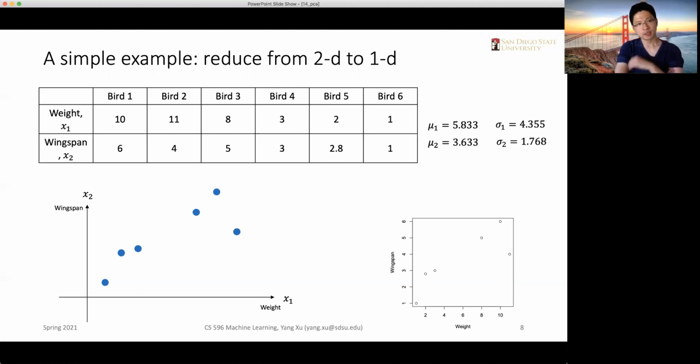Say we have a two-dimensional data set where each bird is described by a weight and a wingspan. The weight is x1, the first feature, and x2 is the wingspan, the second feature. And we have 6 data points.